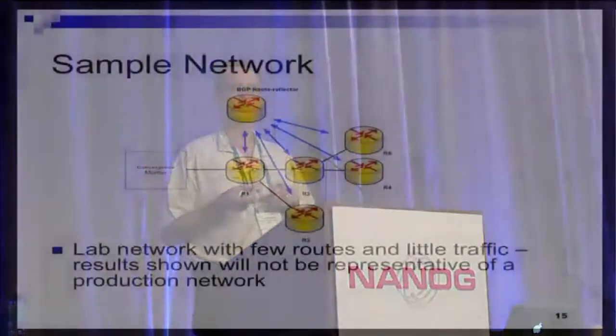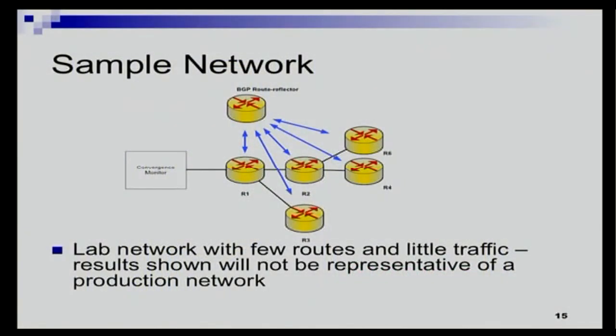So to show you this technique in action, we have a small sample network, and it's very important to look at the topology, because you'll see in the graphs that you get out of this how dependent upon topology the measurement of convergence is.